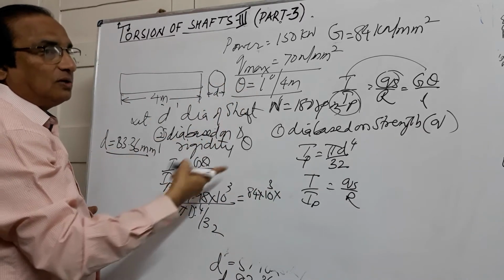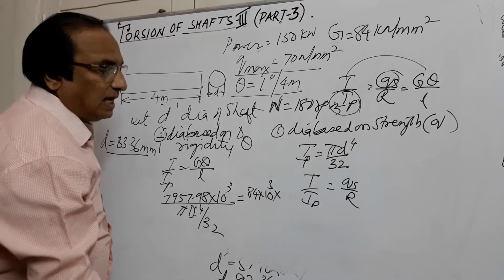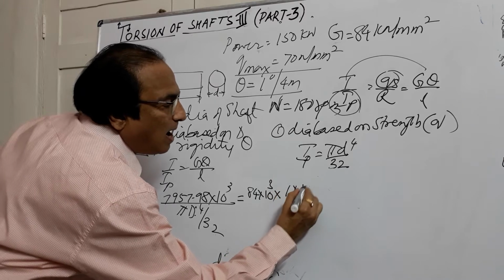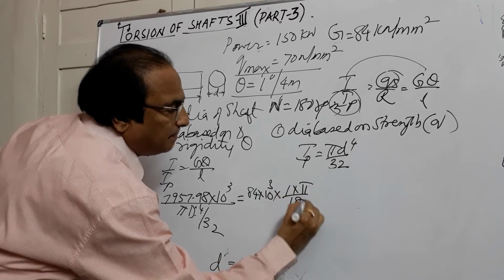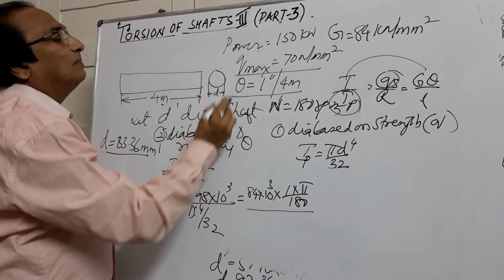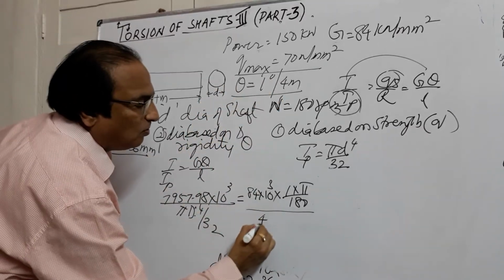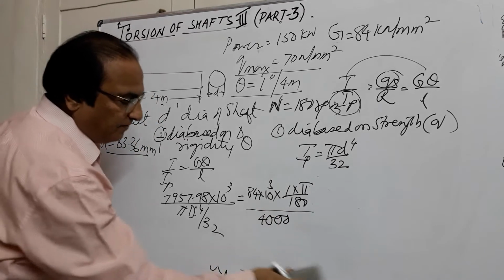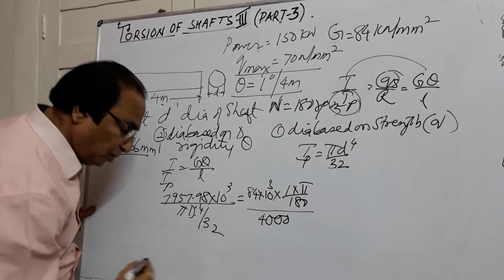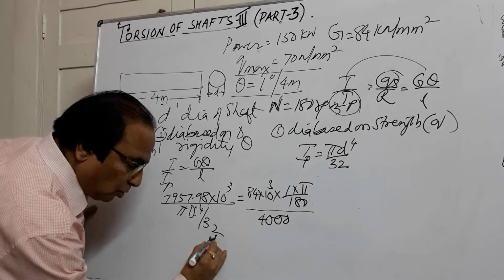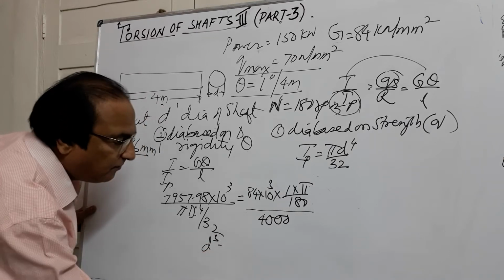In the calculation you convert it into radians, which will be 1 into pi by 180, divided by the length of the shaft, 4 meters, that is 4000 mm. If you simplify this, you get the value of D to the power of 4.